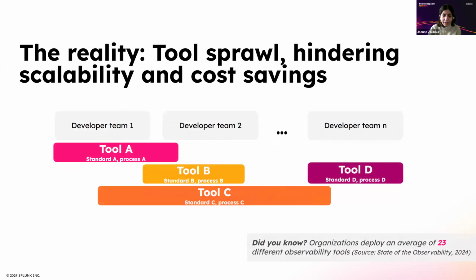But in reality, things are a little bit more complicated, right? Most organizations, according to our last report, deal with over an average of 23 different observability tools. This is a lot of different tools. And usually all of these tools, they're built for team-specific needs. So they have their own standards, their own processes, which eventually leads to developer teams operating in silos, and that also leads to longer war rooms.